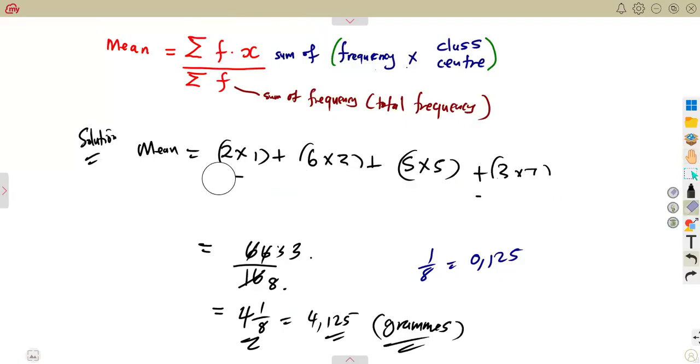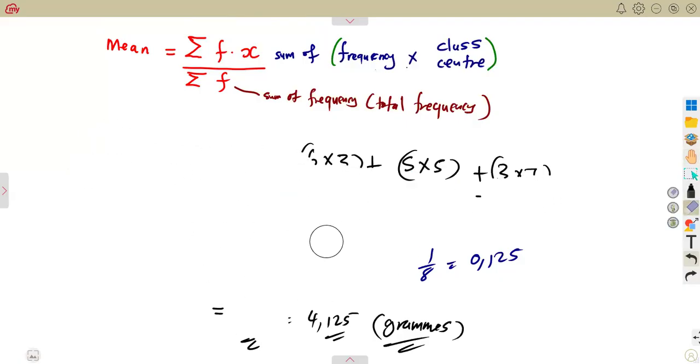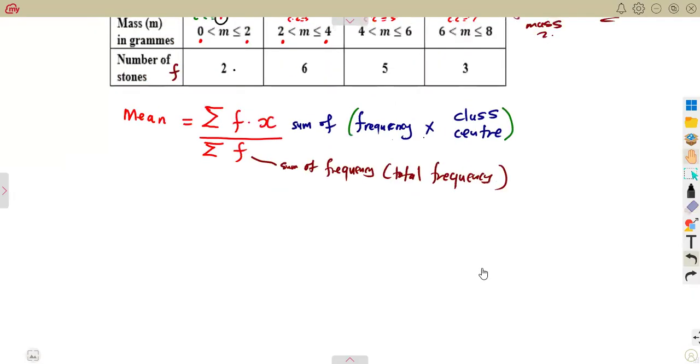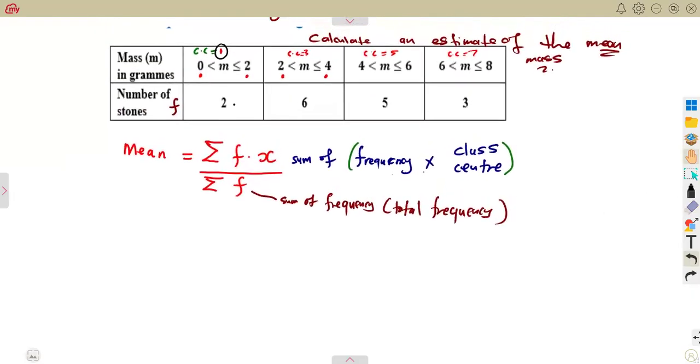You add frequency, class center, the product of it being added together. So you're adding each and every part, but having a product first, frequency times class center.